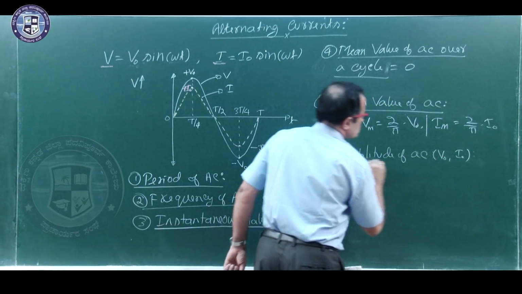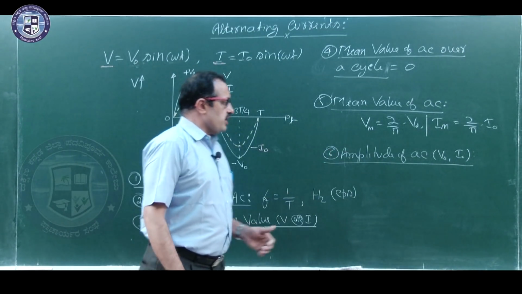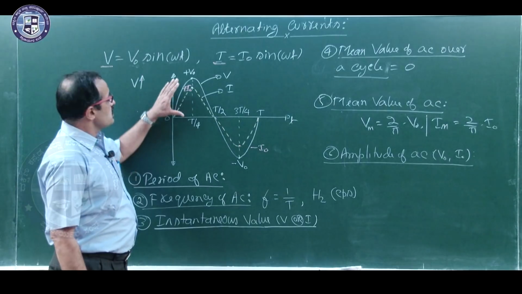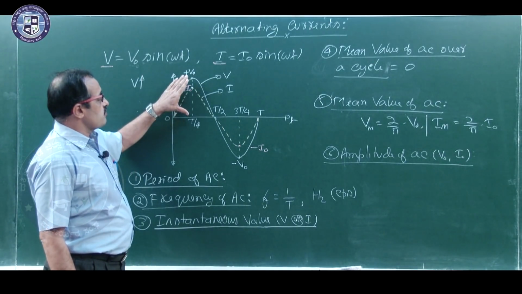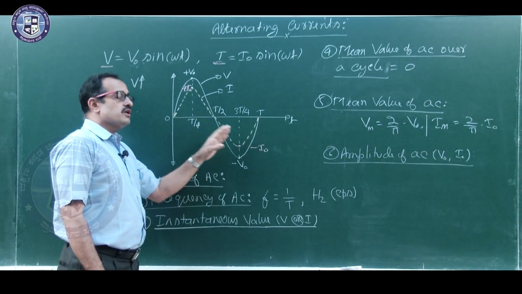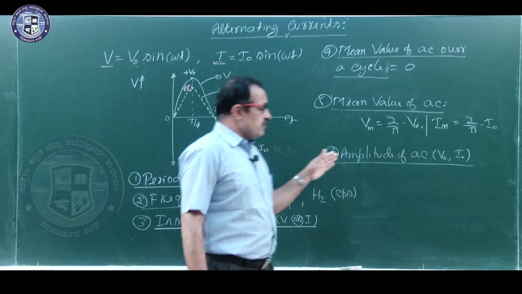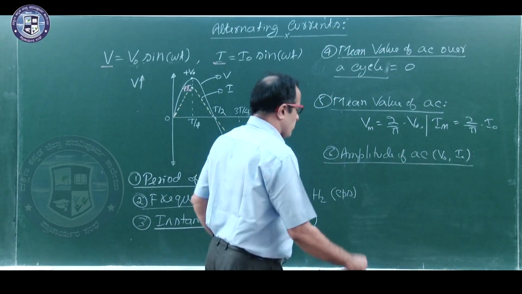This is very simple. Amplitude of AC is nothing but the maximum value of AC attained in either half cycle. It may be the positive cycle or the negative cycle. Amplitude of AC is also known as the peak value of AC.